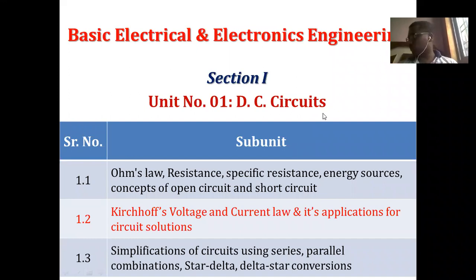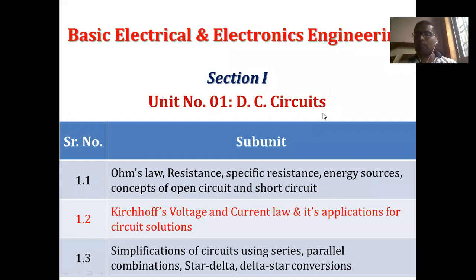I'm not going to go through the definition given in the book. This is one simple definition. When all the electrical and electronic components are grouped and connected together, then this entire closed path we call a circuit. Why am I explaining this?